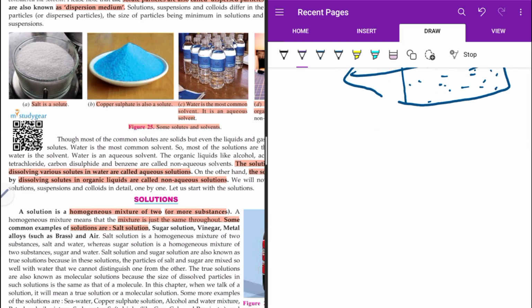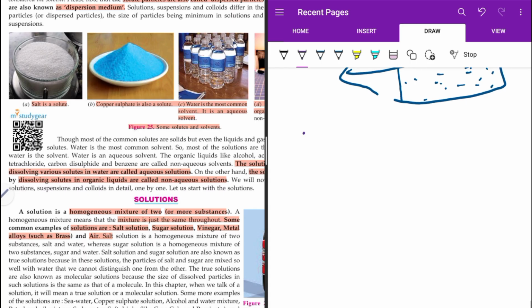It can be salt solution, that means salt in water, solid in liquid. Sugar solution, sugar in water, solid in liquid. Vinegar, acetic acid in water, liquid in liquid. Metal alloys are solid in solid solution. Air is gas in gas solution.